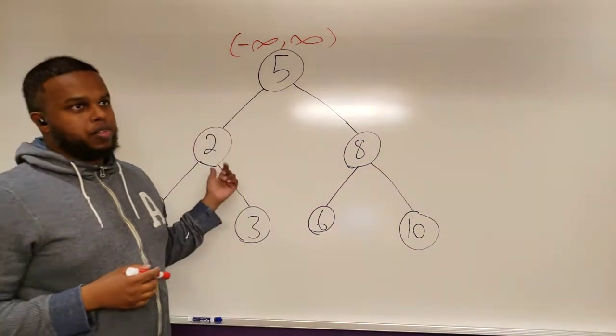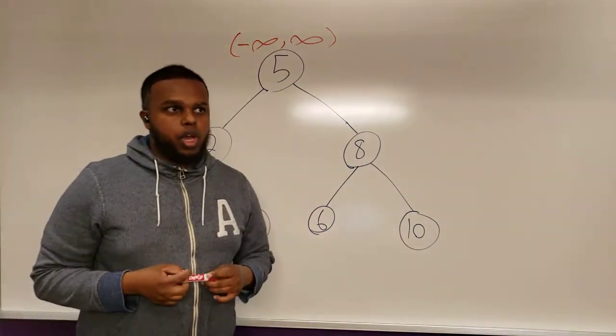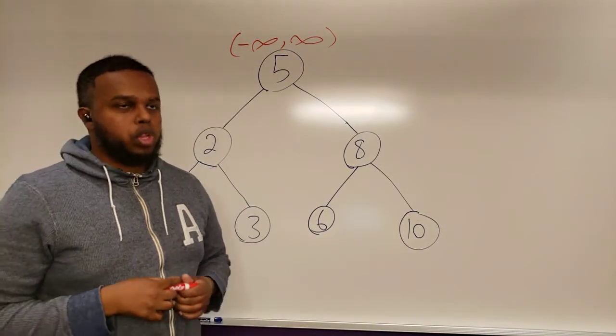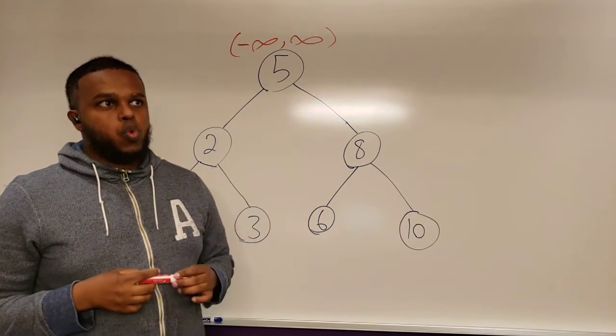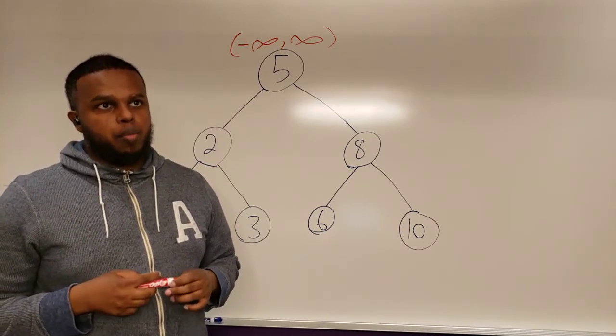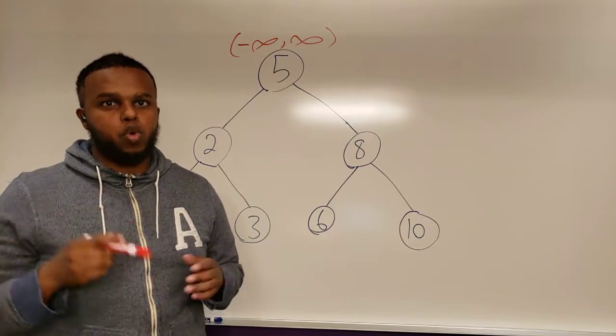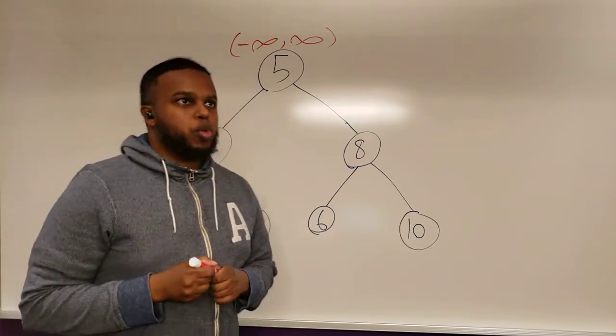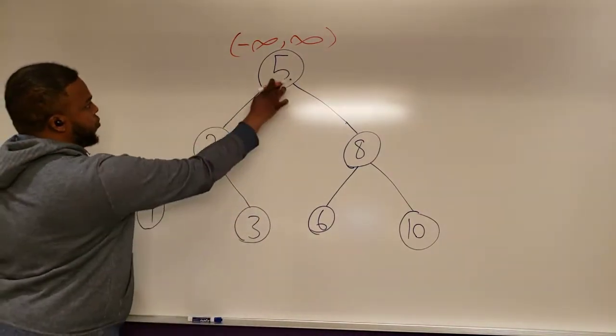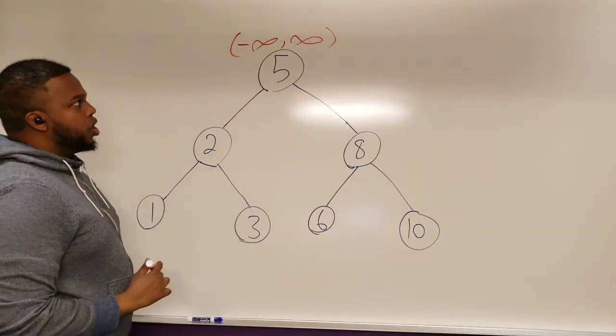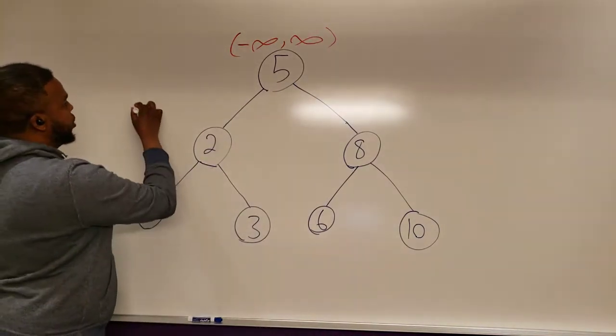As we move to the left, the way the algorithm works is we have to update the upper bound to the parent node's value. So for example, 5 will be the new upper bound here.